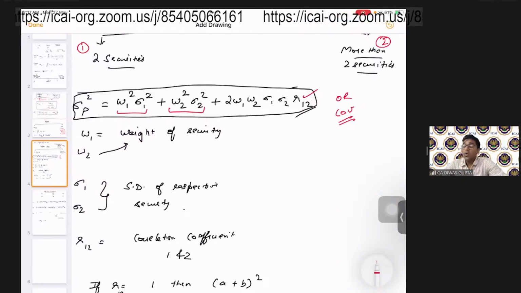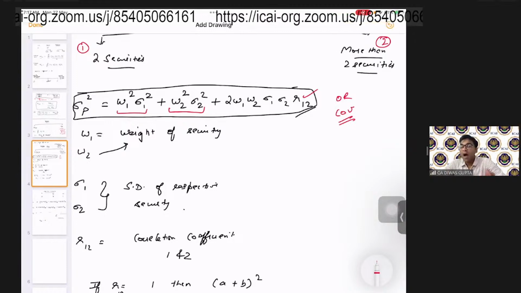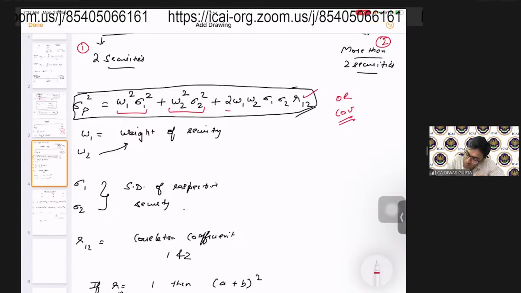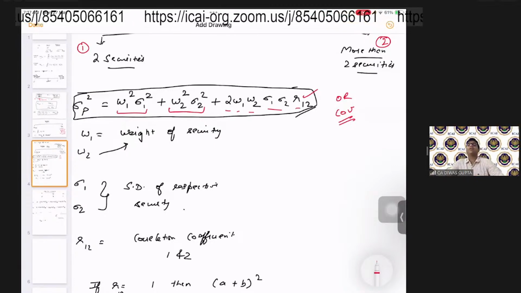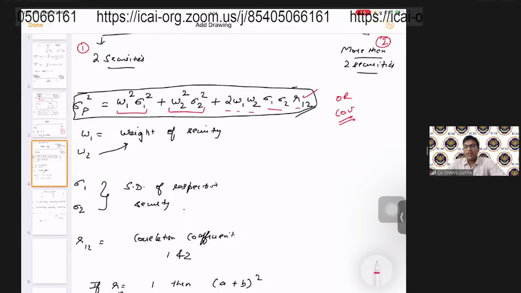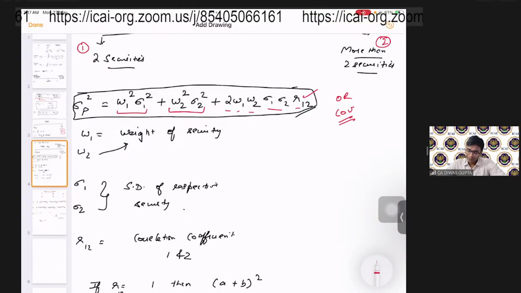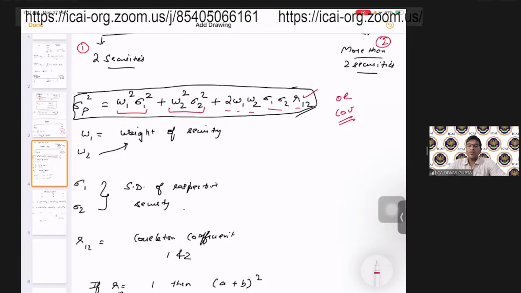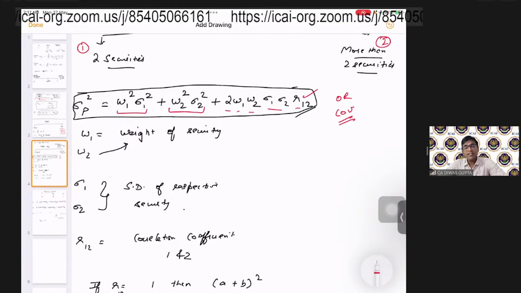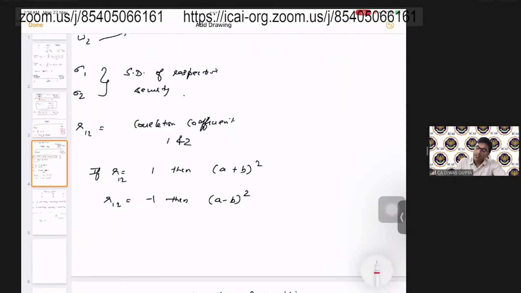And then we also need to understand that there is a relationship between these two. How? With the help of R or with the help of covariance. So hence our formula becomes 2 W1 W2 standard deviation 1 standard deviation 2 and R12. So weight 1, weight 2, standard deviation 1, standard deviation 2 and the correlation coefficient of 1 and 2. Okay, students. So weight 1 is the weight of the first security, weight 2 is the weight of the second security, standard deviation 1 and standard deviation 2 are the respective standard deviations, and R12 is the correlation coefficient.